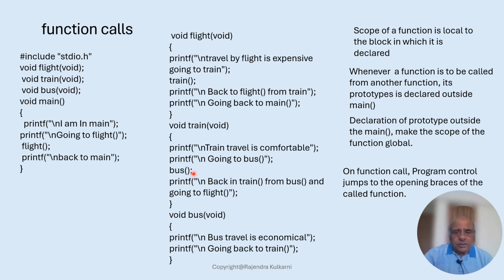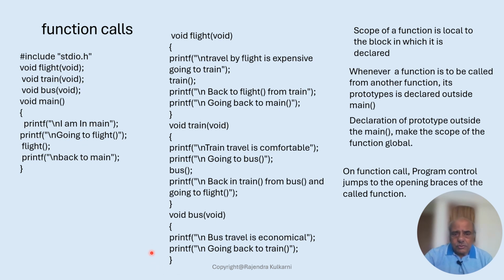As soon as the program control encounters a call to a function, it will jump to the opening brace of that function. In this case it is the bus function. It will execute these two statements, bus travel is economical and going back to train. Then there is a closing brace of the bus function. From here, where should the program go?